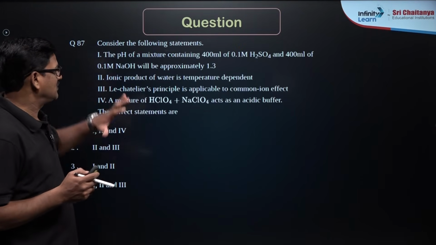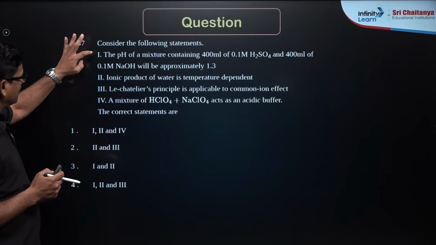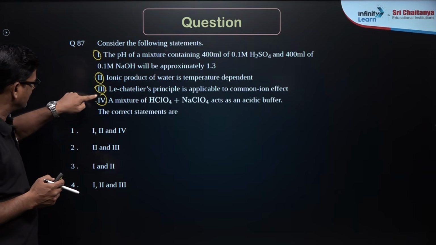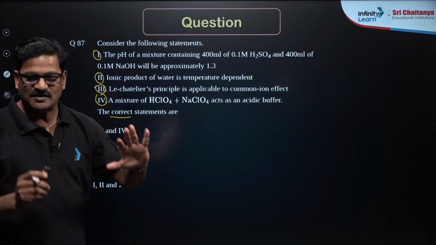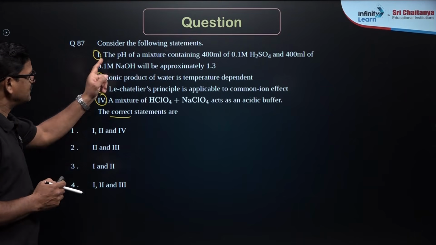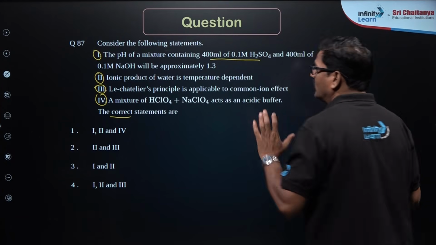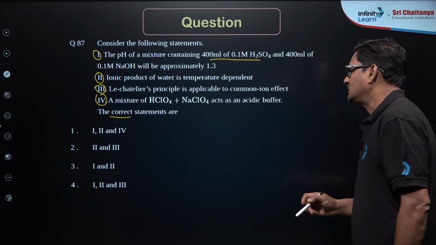Students, here is the question, combination of various statements. Consider the following statements, statement 1 and statement 2 and statement 3 and statement 4. We have to pick the correct statements. That is the biggest task for us. The pH of mixture containing 400 milliliters of H2SO4, 400 milliliters of sodium hydroxide will be approximately 1.3.